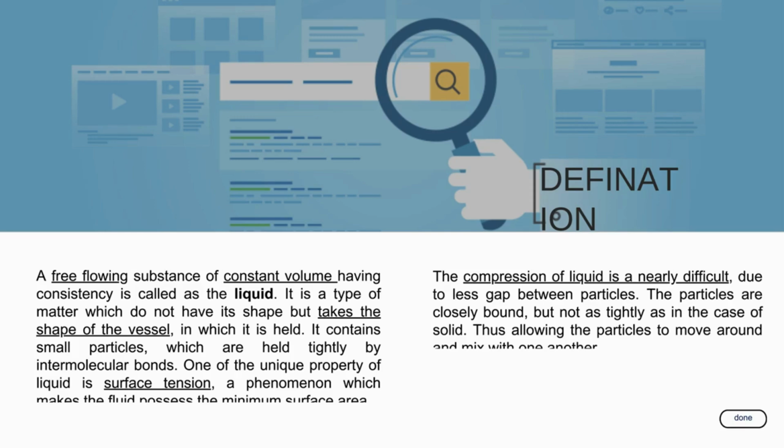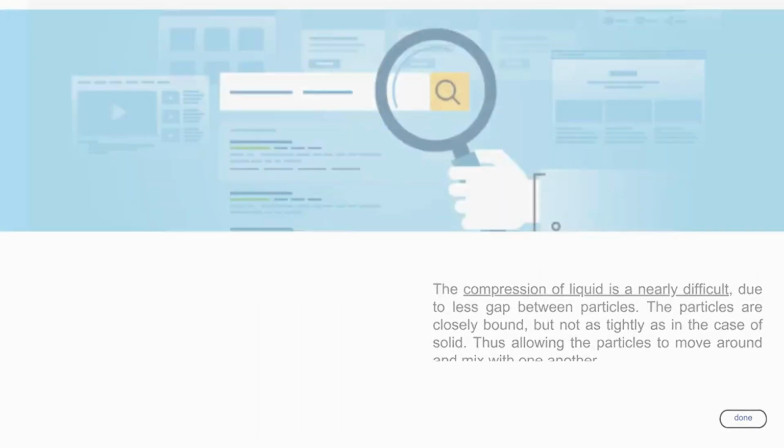One of the unique properties of liquids is surface tension, a phenomenon that makes the fluid possess the minimum surface area. The compression of liquid is nearly difficult due to small gaps between particles. The particles are closely bound but not as tightly as in the case of solid, thus allowing the particles to move around and mix with one another.